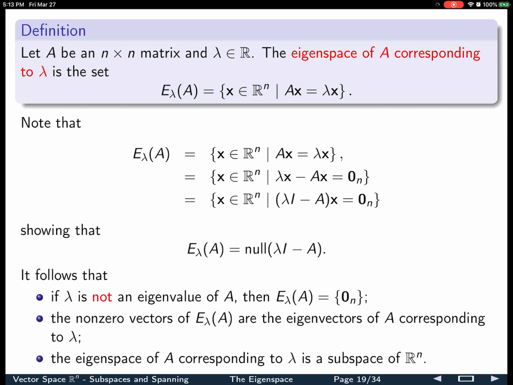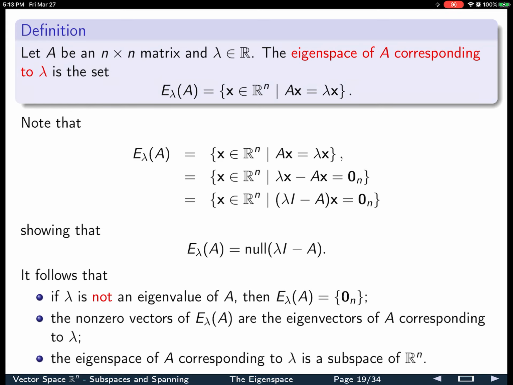So yeah, you diagonalize your matrix, say, or at least come up with all of the eigenvalues and eigenvectors that you can. The eigenvectors that correspond to a given eigenvalue, you put those in a set, you find the span of those eigenvectors.